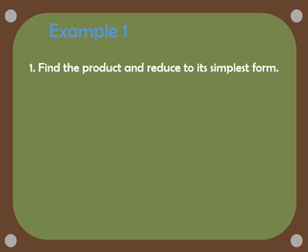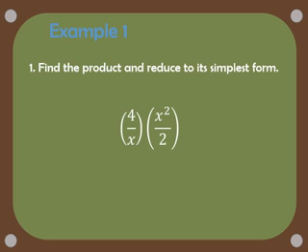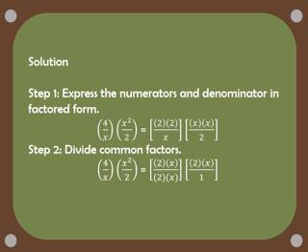So example number 1. Find the product and reduce to its simplest form of 4 over x multiplied by x squared over 2. So solution 1. Express the numerators and denominators in factored form. So it would be 4 over x multiplied by x squared over 2 is equal to 2 multiplied by 2, which are the factors of 4, over x, multiplied by the factors of x squared, which are x and x, over 2.